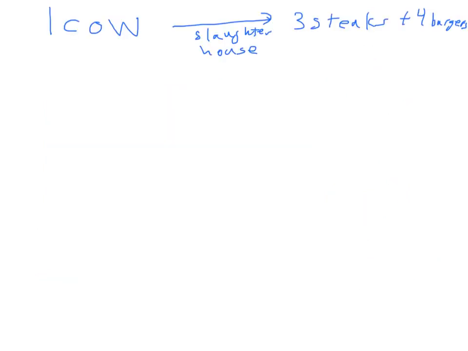To be able to look at a chemical reaction and relate the rates of the different substances to each other, let's take a look at a really simple example. One cow enters a slaughterhouse, and out comes 3 steaks and 4 burgers. Who is moving faster?